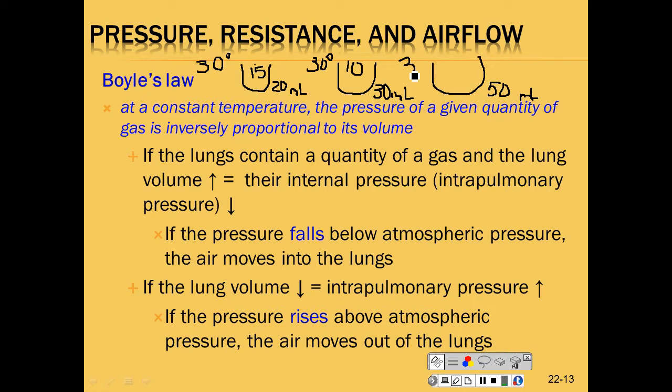Temperature is the same at 30. Our internal pressure may be down to about, just say, 2. So as the volume increases at a constant temperature, the internal pressure is going to decrease. Does that make sense? I hope it does. Let's see if I can erase this now.